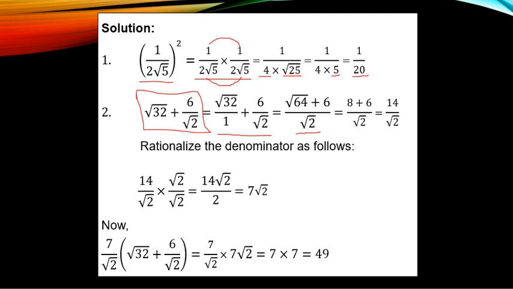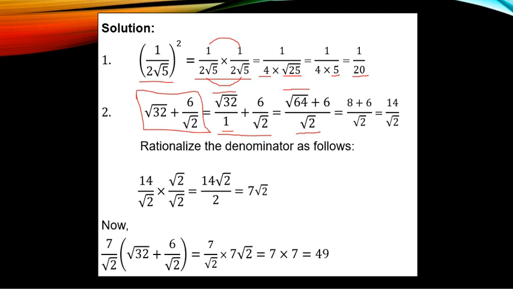You divide the LCM by each denominator, your answer times numerator. So you have root 2 divided by this 1, you have root 2 times root 32. You just learned that different surds can be multiplied. So root 2 times root 32, you have root 64.